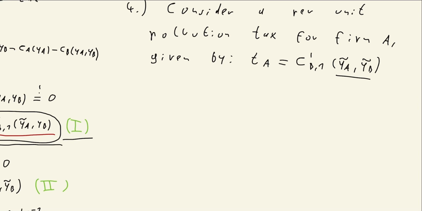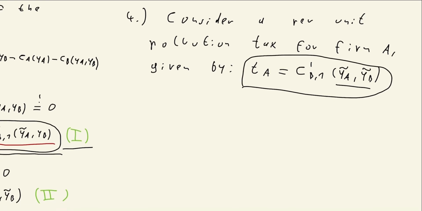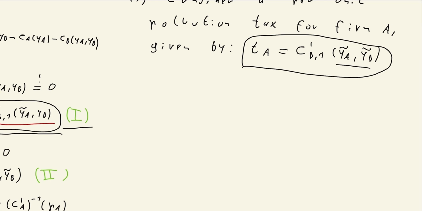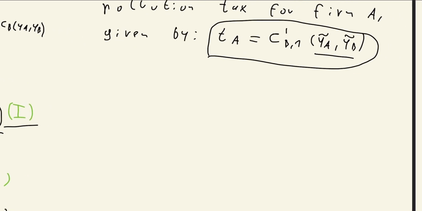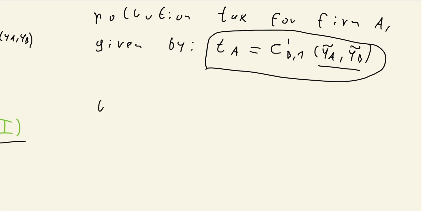So if we have a per unit pollution tax given by this here, let us have a look at the optimization problem of firm A and firm B. So what is firm A doing now?